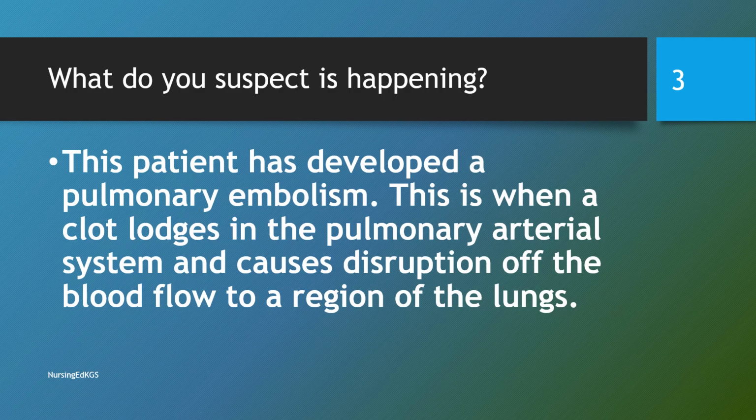VTE, or venous thromboembolism, is the term used to describe the spectrum of pathology from DVT to pulmonary embolisms. Lethal pulmonary embolisms often originate in the femoral or iliac veins.